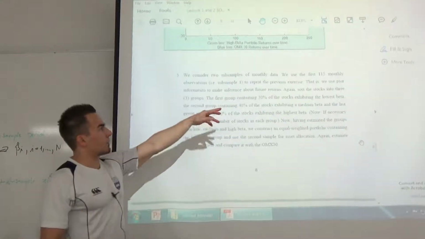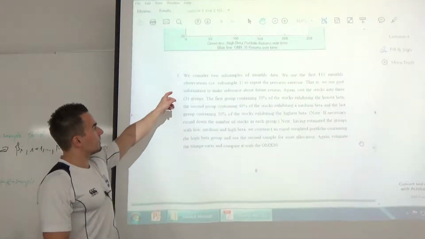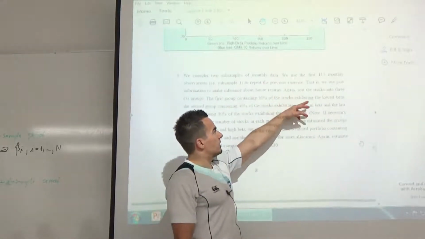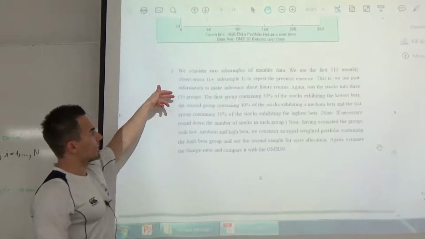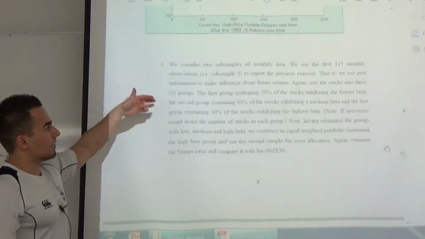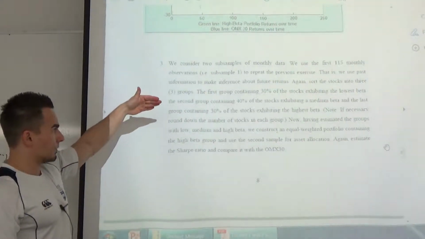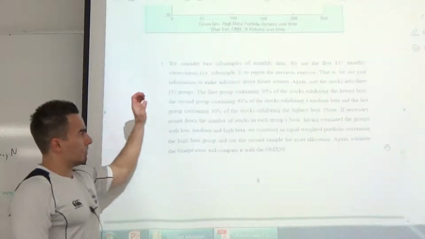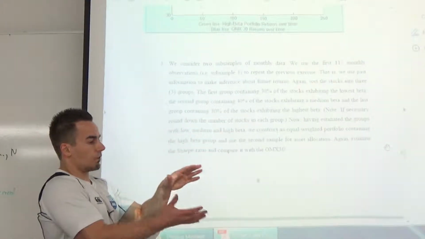We use the first 150 monthly observations as subsample 1 to repeat the previous exercise. That is, we use past information to make inference about future returns. Again, sort the stocks into 3 groups. The first group containing 30% of the stocks exhibiting the lowest beta. Then we have the medium group where we have 40% of the stocks.